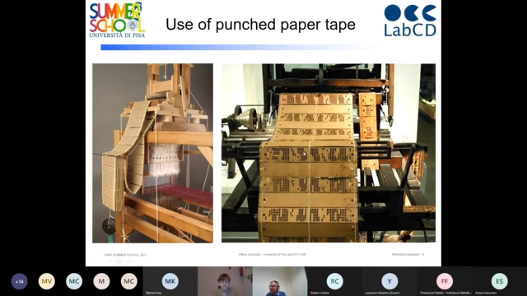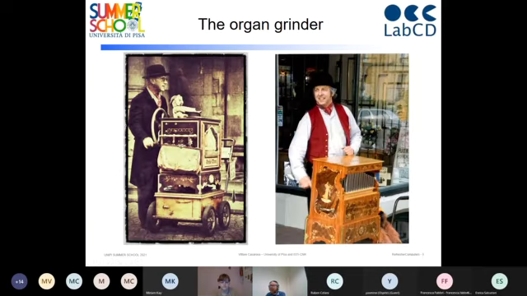However, this idea of information codified and put on punched paper is still alive today. I don't know if you have ever seen, you can still see some of them in France, in Italy it's a long time since I saw them, the organ grinder, these things in which you hear the music and you have the guy behind turning the wheel, like in this case.